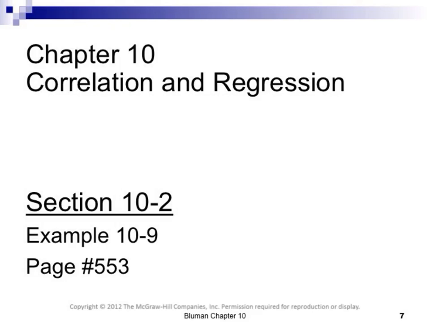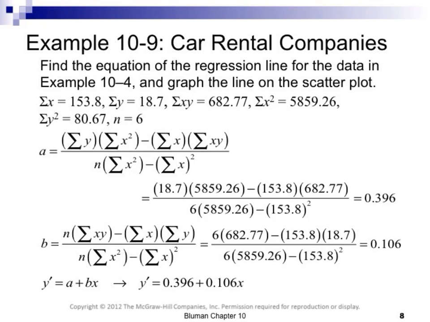So here's an example, 10.9, page 553. Car rental companies: find the equation of the regression line for the data in example 10.4. Graph the line on the scatter plot. Here's our A, which is our y-intercept. Again, we've got our table, where we summed up the x's, the y's, the x times y's, the sum of the x squareds and the y squareds.